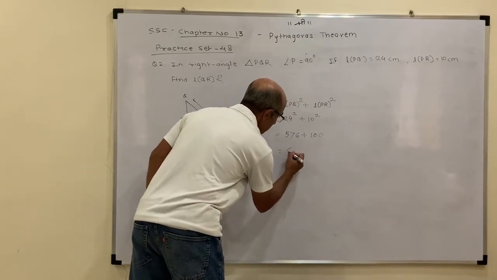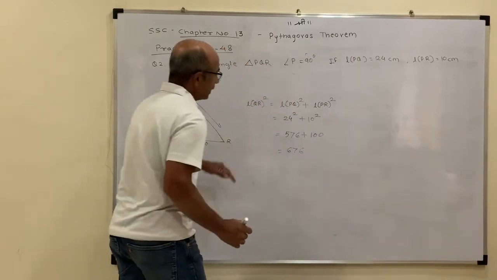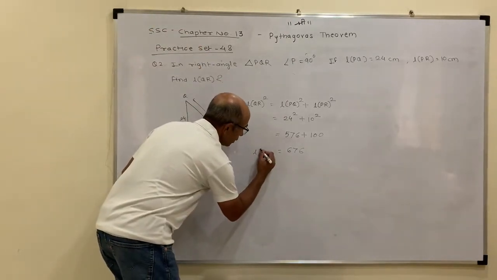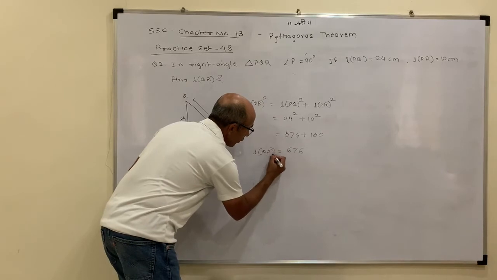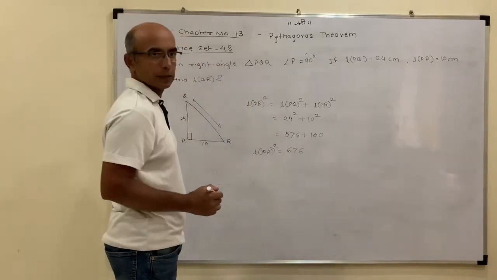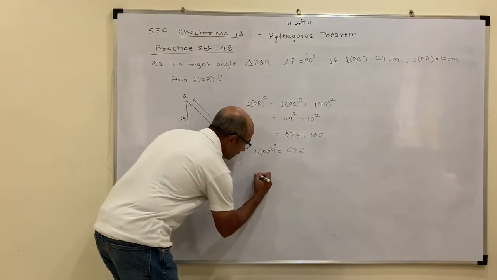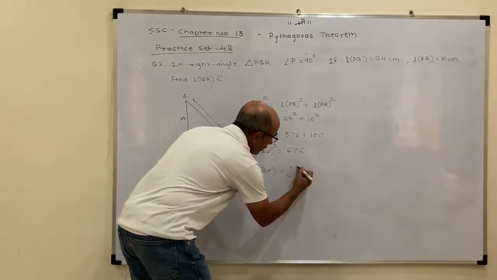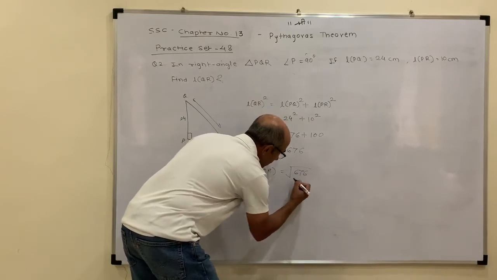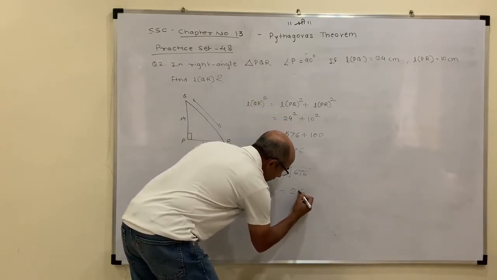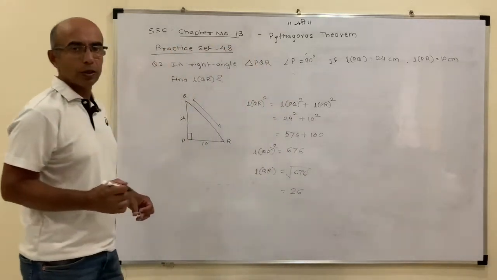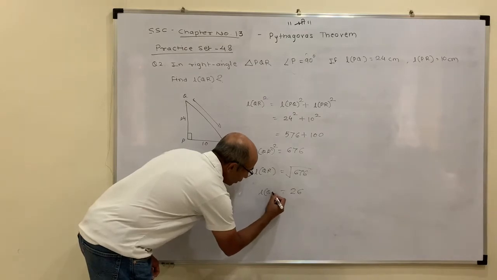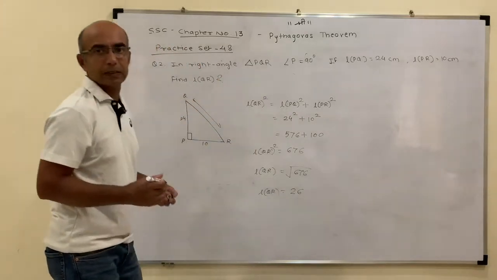So it comes out to be 676. So length QR square is 676. So now we need to find length QR, which is the square root of 676. 26 square is equal to 676. So my length QR is equal to 26.